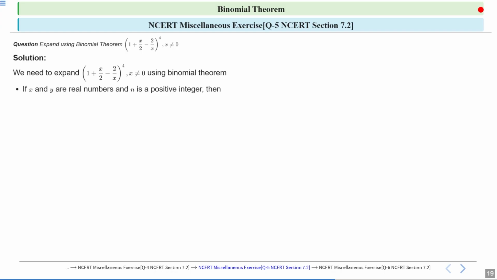So if x and y are real numbers and n is a positive integer, then x plus y whole to the power n, this is equal to nc0 x to the power n plus nc1 x to the power n minus 1 times y plus dot dot dot plus ncn y to the power n. So where ncr is n factorial upon r factorial times n minus r factorial.